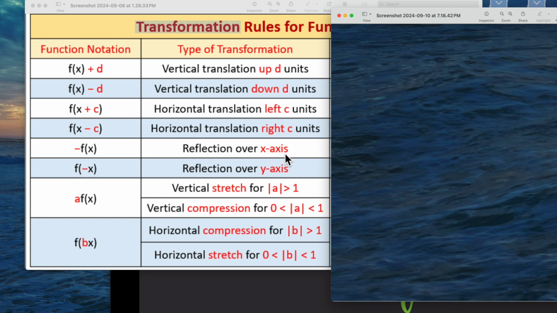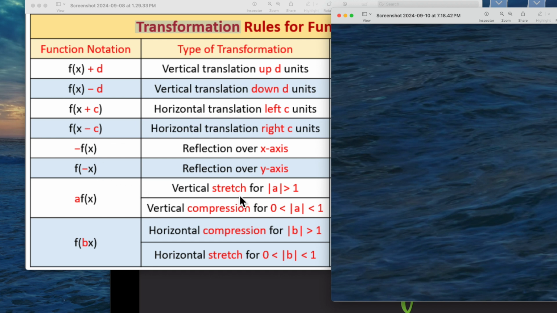The other thing to note from this excellent worksheet is that when you're adding or subtracting, you're translating, otherwise known as shifting. So if you have a vertical translation or a vertical shift, we're shifting up and down according to adding and subtracting, whereas if we are inside the parentheses, we're dealing with horizontal translations or shifts, again, plus or minus.